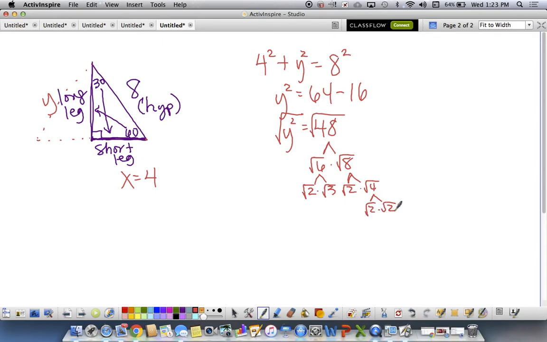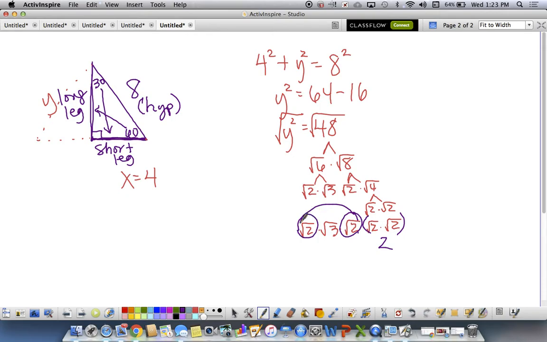Okay? So, what do we do with the square root of 2 times the square root of 3 times the square root of 2 times the square root of 2 times the square root of 2? Don't pull your calculator out. What's the square root of 2 times the square root of 2? 2.